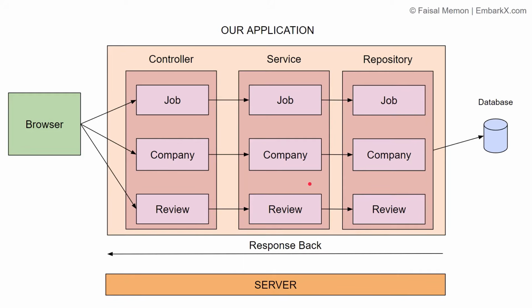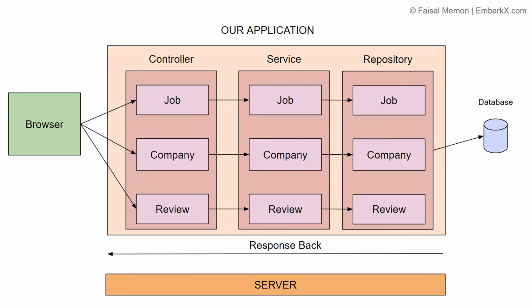So this is going to be about service, and then we will have the controller over here, which is responsible for handling the requests that we are getting from the users. So we will have 3 controller files over here, or 3 controllers that we'll create. One is the job controller, the company controller, and the review controller.